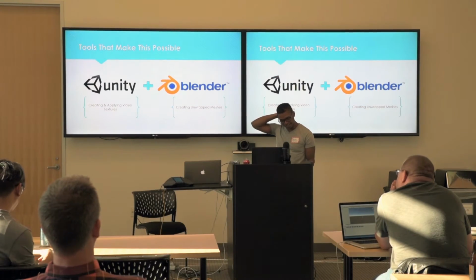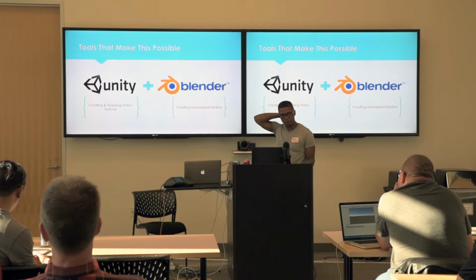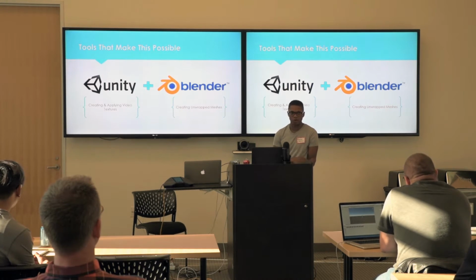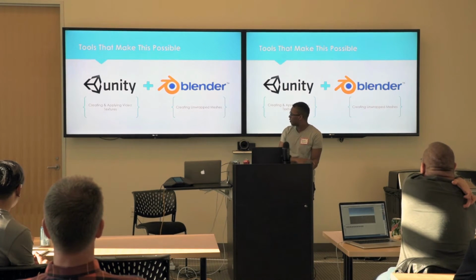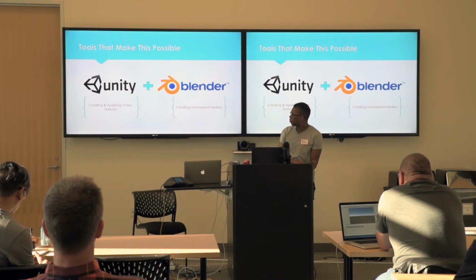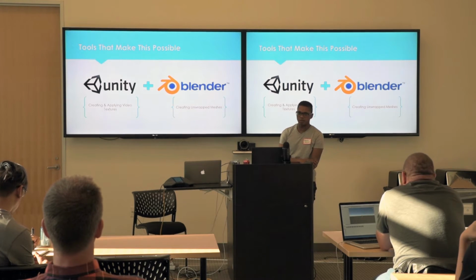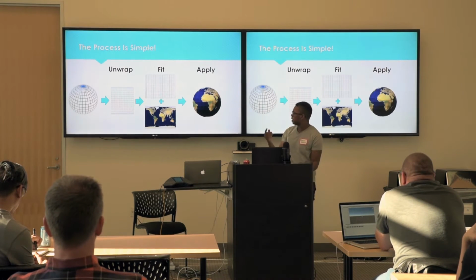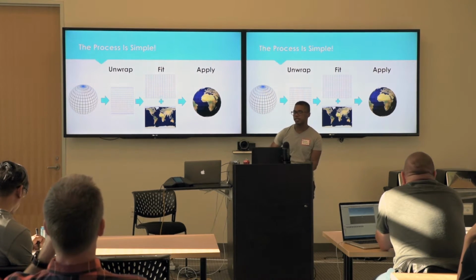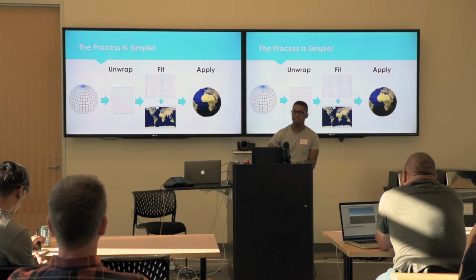It sounds kind of complicated for people who aren't in the space and who don't really know about 3D graphics, but it's actually pretty simple. We're just going to cover two tools here that allow us to do the step that we see here: take a mesh, unwrap it, apply a movie texture, and play that texture.